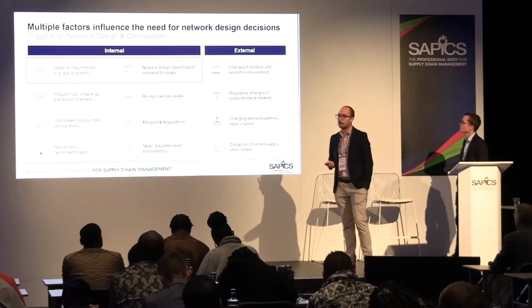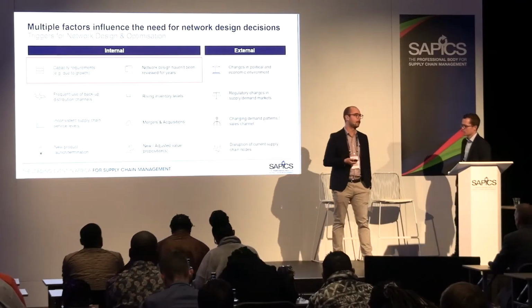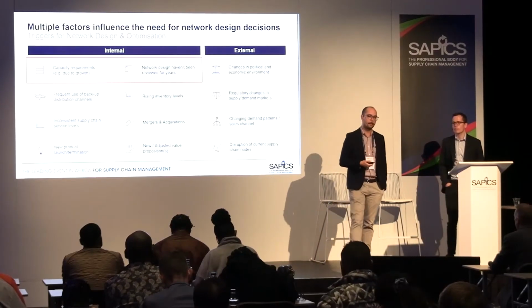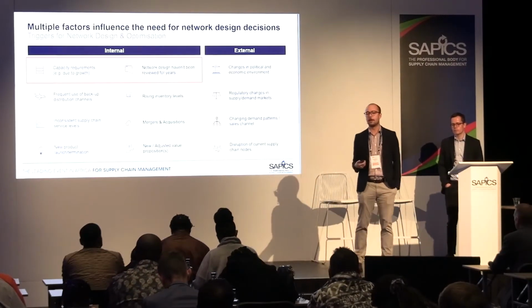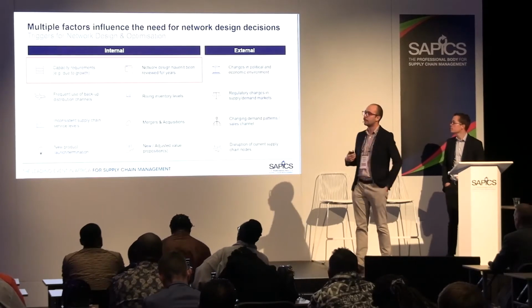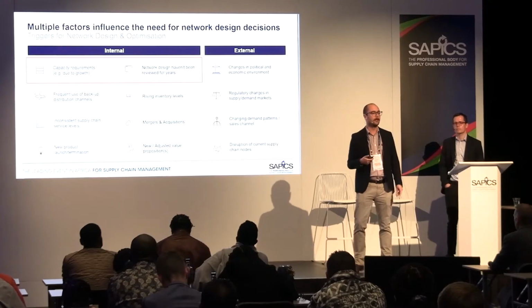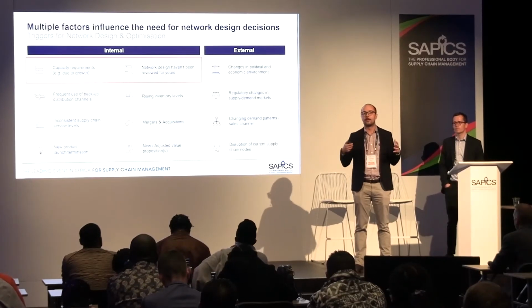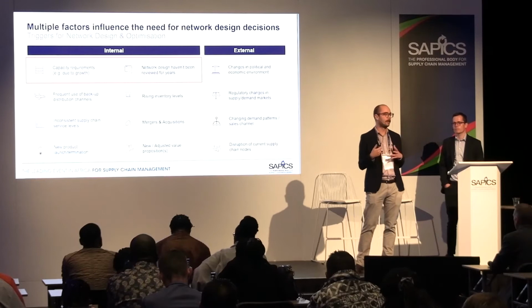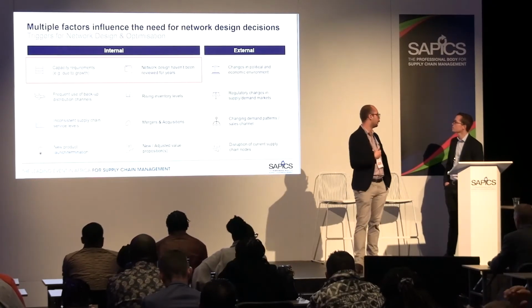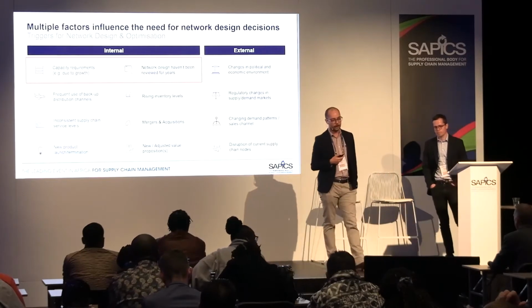Mergers and acquisitions, from a DSV perspective, this is something we understand quite well. Mergers and acquisitions are a big part of our growth strategy. Every couple of years, we go through mergers and acquisitions. And post that process, we always have a process of consolidation. And as part of that consolidation, we need to redesign our internal networks. And that is often a trigger for us to look at our own distribution networks as well.